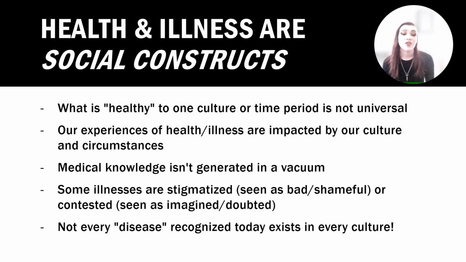We've seen a lot of shifting and changing over our understandings of what health and illness both are over even just United States history. But throughout world history, this is something that's been ebbing, flowing, fluxing throughout all of time. And it's really important that we look at these social factors in how we understand health and illness when we're doing medical sociology.